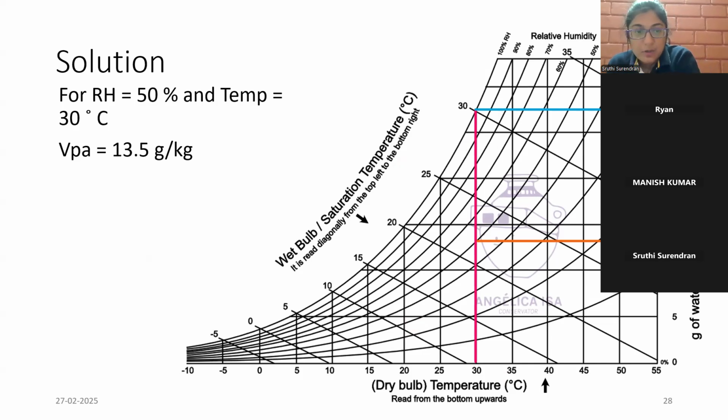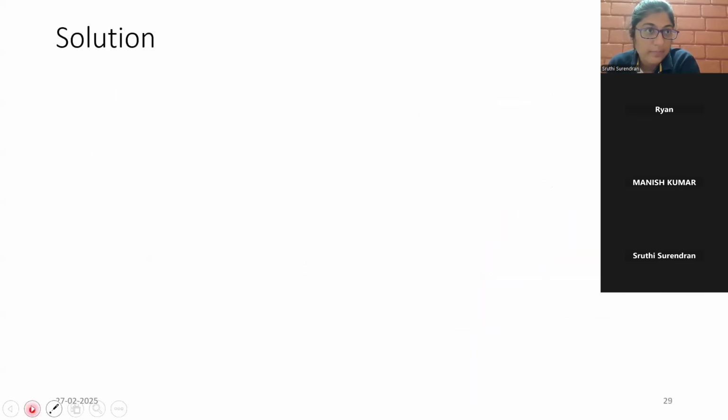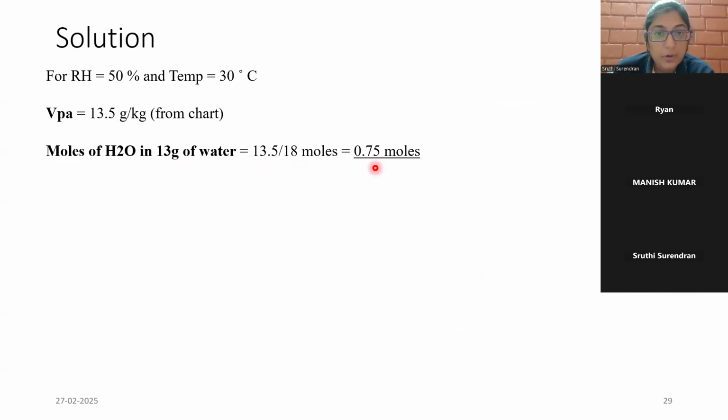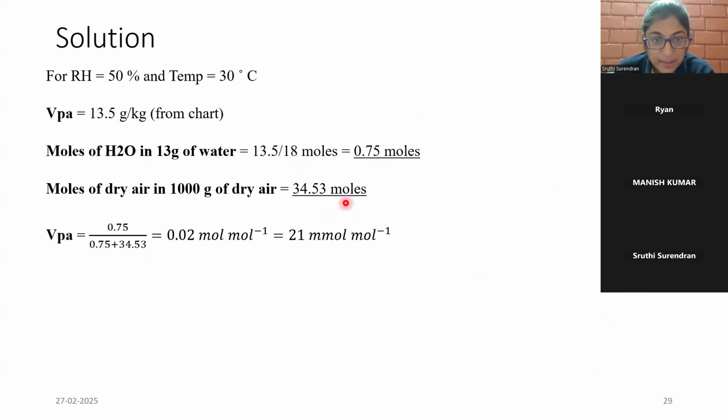Next, we will convert it into mole fraction. To convert it into mole fraction, we divide this by 18. So we get 0.75 moles, and moles of dry air is 34.53.